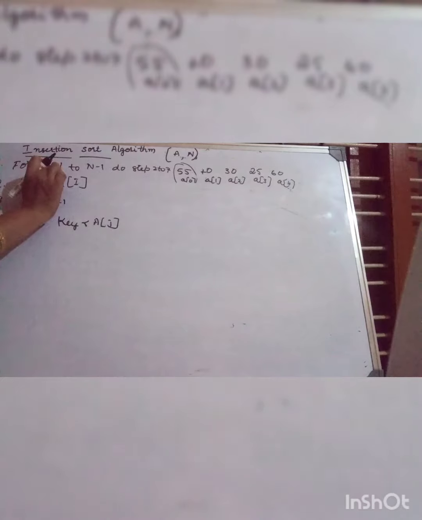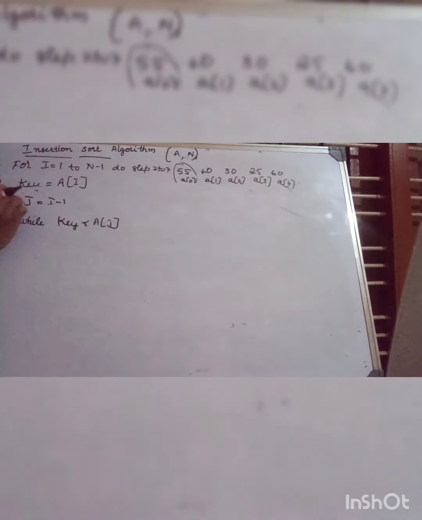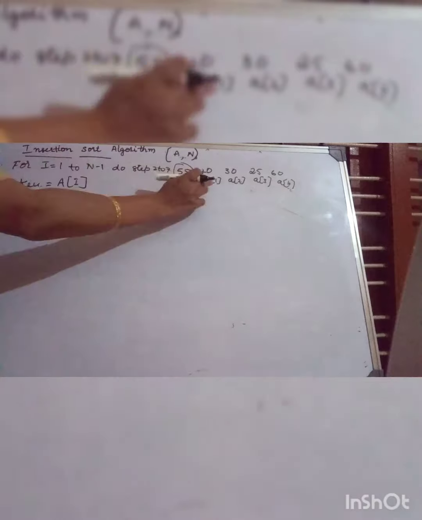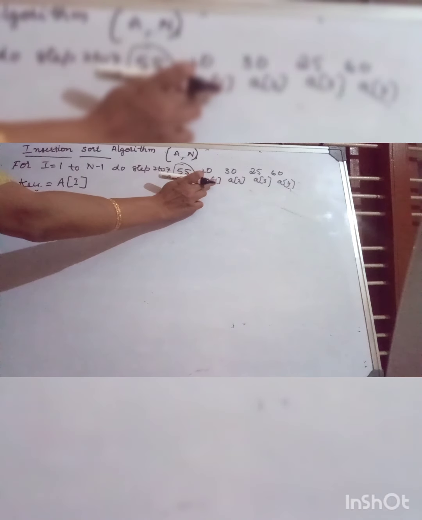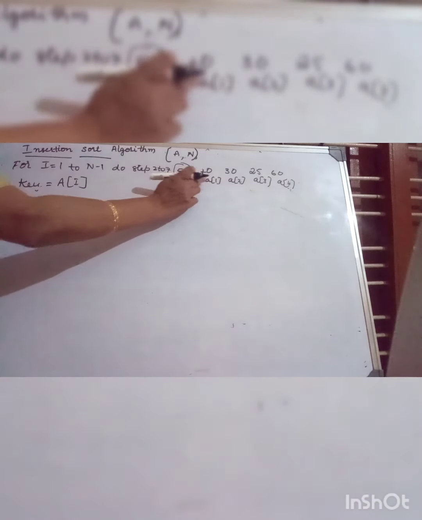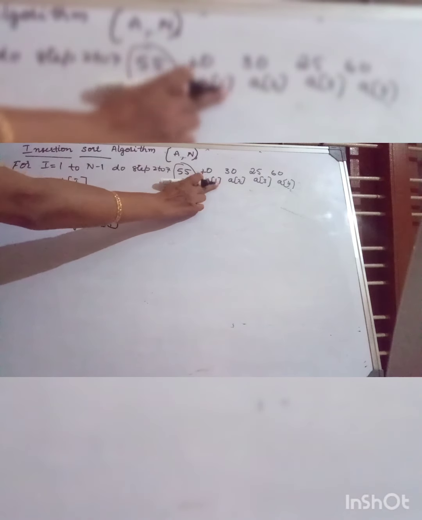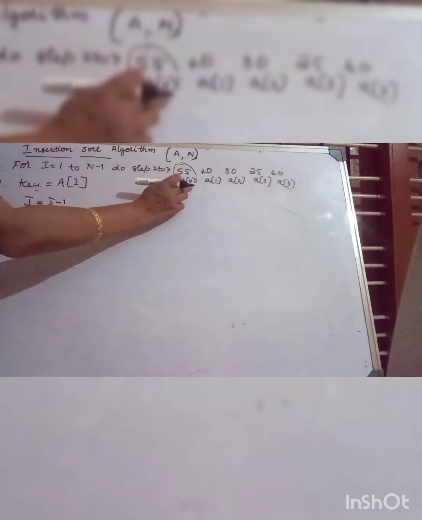That's why for I equal to 1 I am starting, not from 0. So from here we have to start. That's the reason j is equal to I minus 1. I starts from 1, and taking 1 minus 1 gives 0, A of 0, that means the previous element.